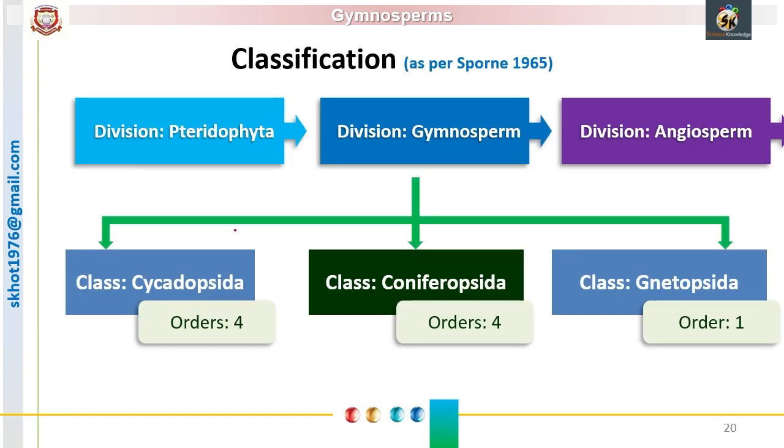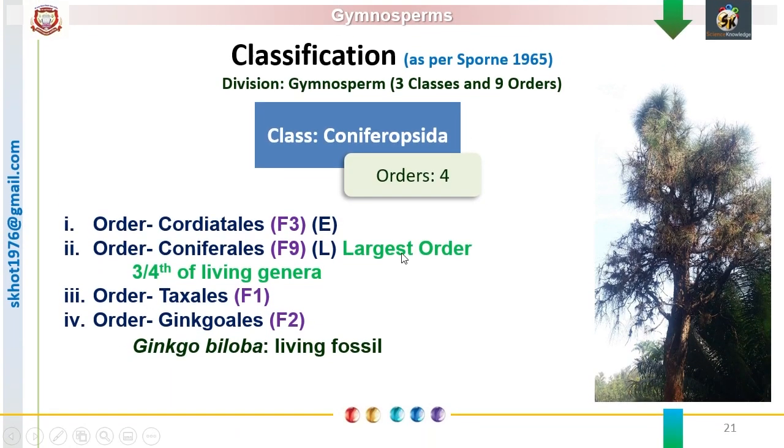The next class is class Coniferopsida. Sporne divided Coniferopsida into 4 orders, namely order Cordiatales, order Coniferales, Taxales, and Ginkgoales. Cordiatales include extinct life forms. That means these specimens are present in the form of fossils. There are 3 families in Cordiatales.